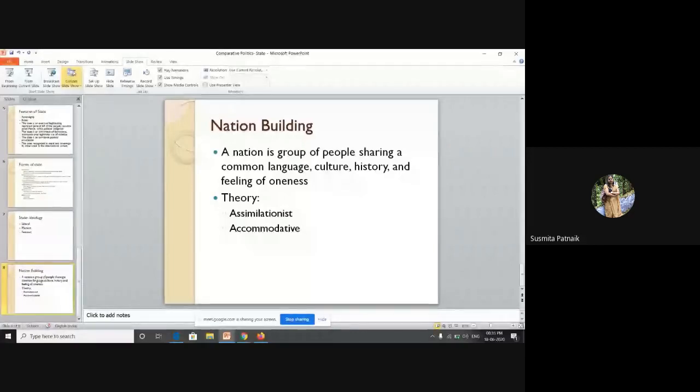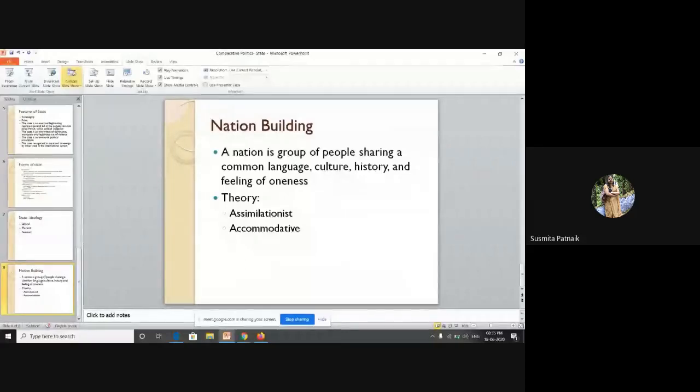One theory is called the assimilation theory and the second is the accommodative theory. The basic difference is that in the assimilation theory, the state is composed on the basis of race, culture or religion. The state that was formed by way of religion, race or culture is called the assimilation theory.